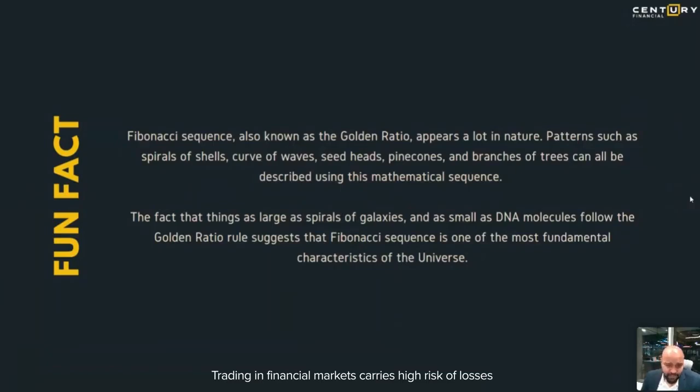Now, basically what it says is that whatever structure, whatever living things that you look at, everything has a Fibonacci sequence to it, and pretty much it makes up our entire universe.